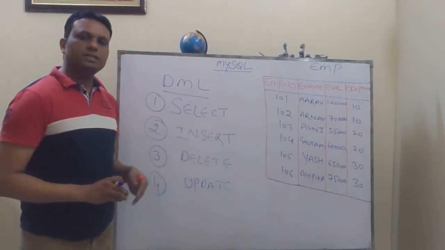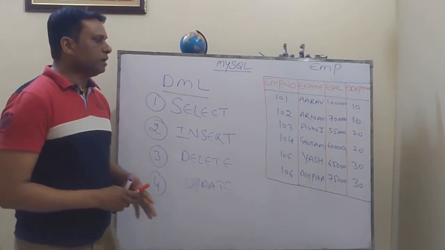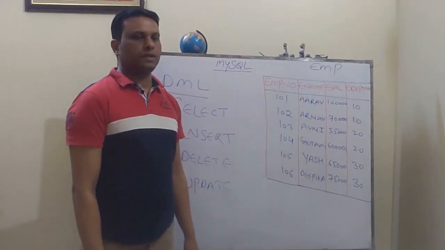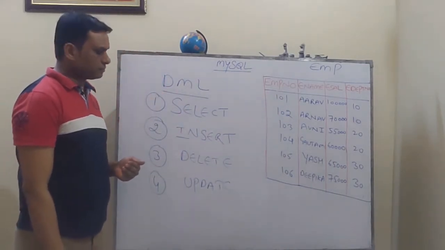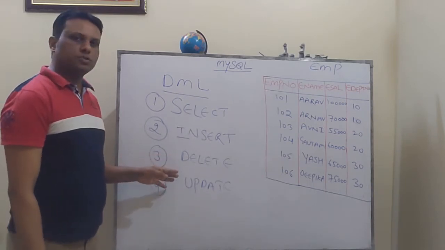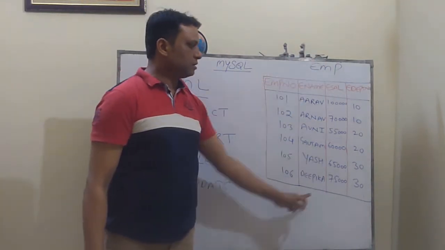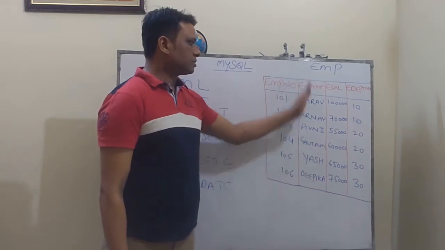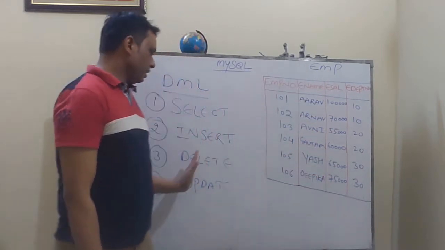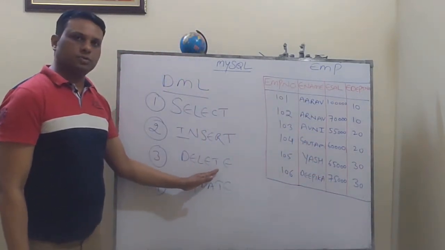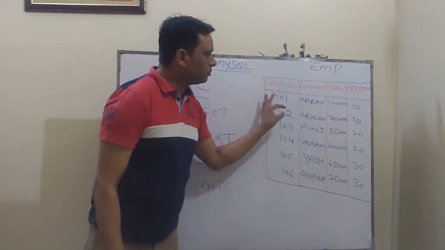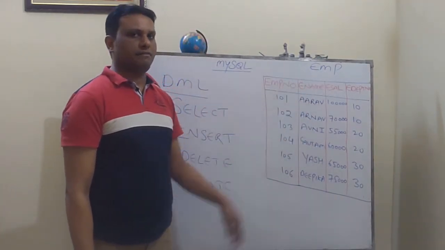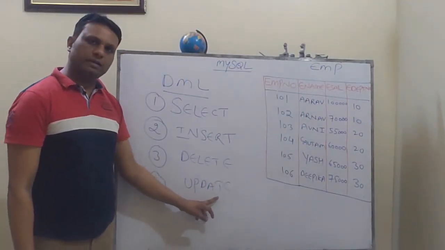Then what about delete? Delete command is used to remove records from the table. It is different from drop command. Drop command is used to remove the entire structure or the columns. But delete command is used to remove only the values. The structure remains unaffected.